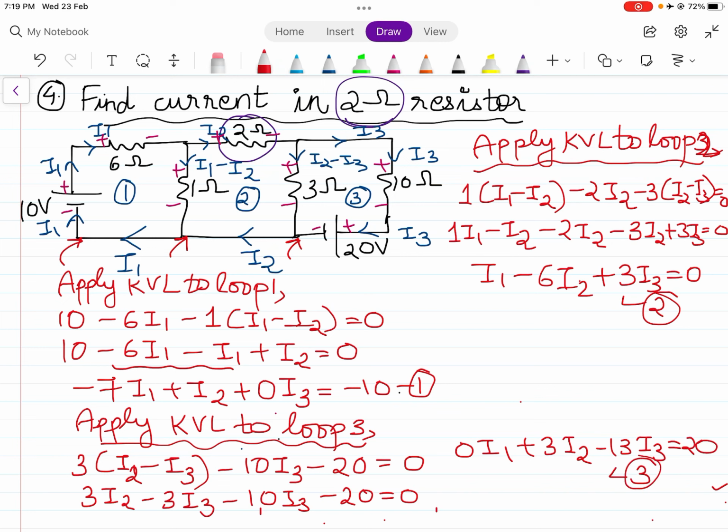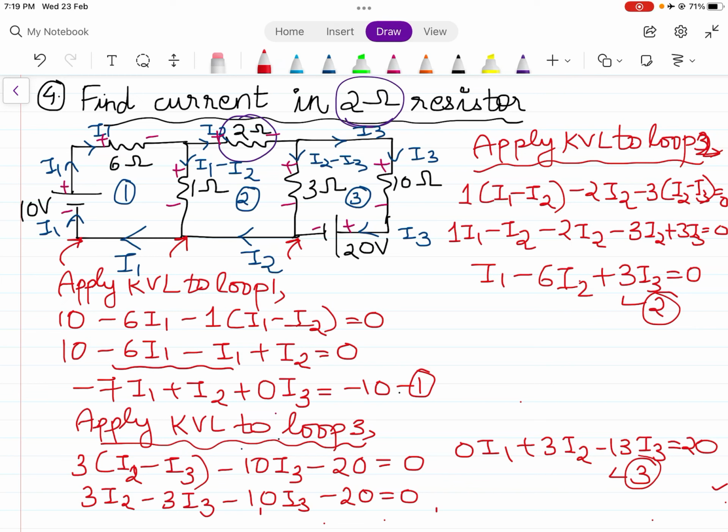3 equations are there. We have to solve them simultaneously. So minus 7, 1, 0, minus 10. Then you have 1, minus 6, 3, 0. Then 0, 3, minus 13, 20.